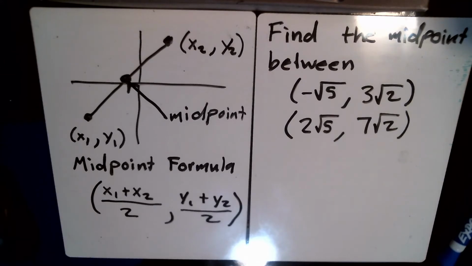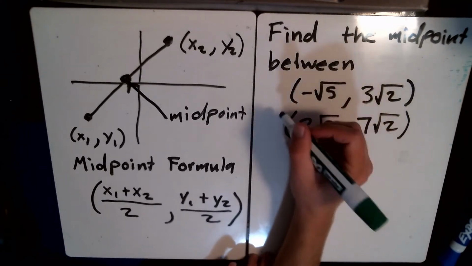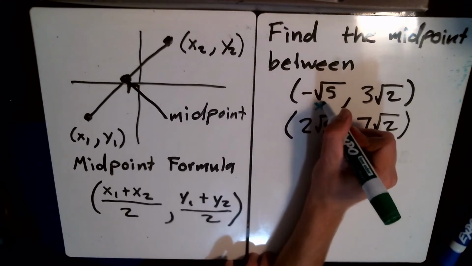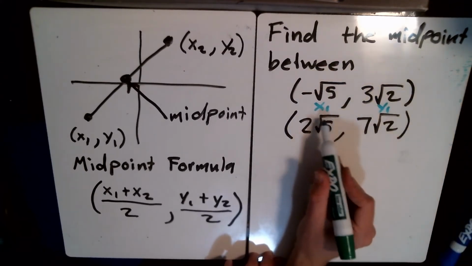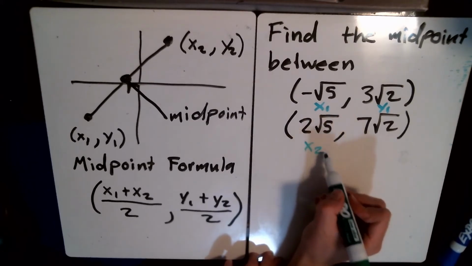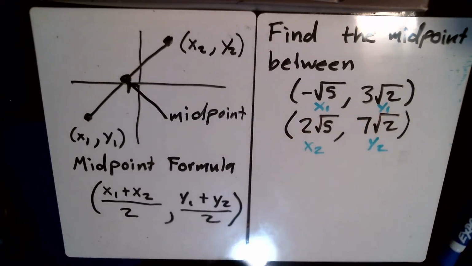Well, let's say this top one is our first point, so that is x1. This is y1. This one right here is x2, and that's y2. So then I just plug it in the formula.